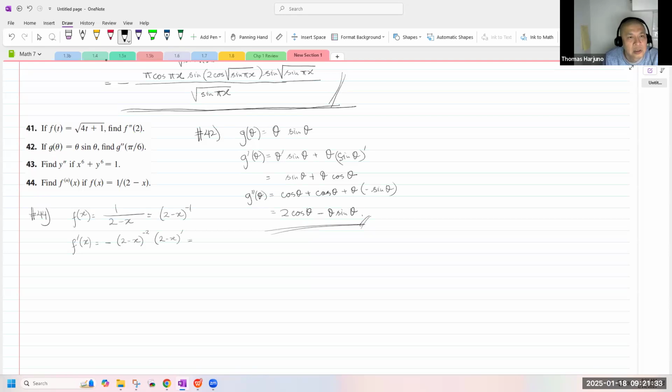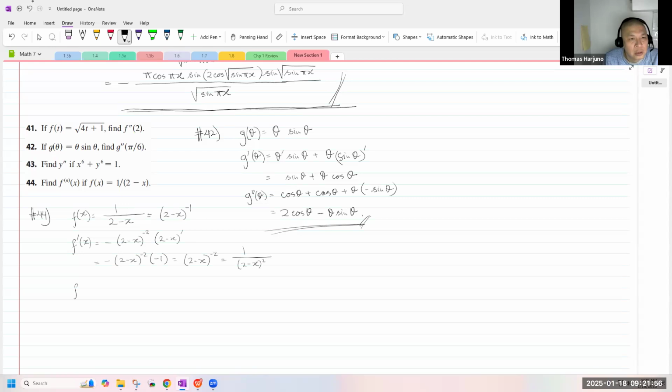So this is negative 2 minus x to the negative 2 times negative 1, which is just 2 minus x to the negative 2, right? Which is 1 over 2 minus x squared.